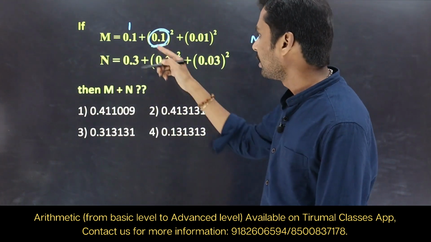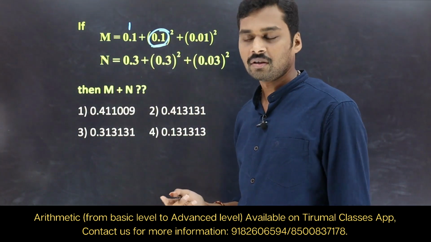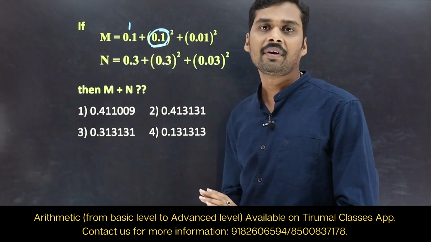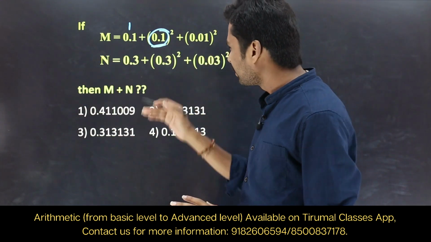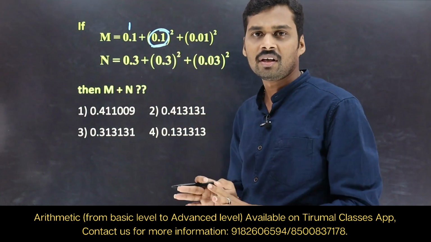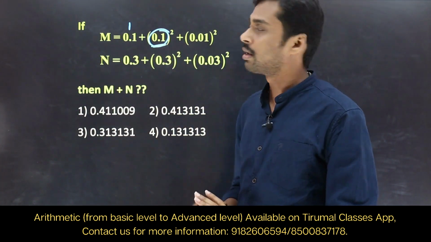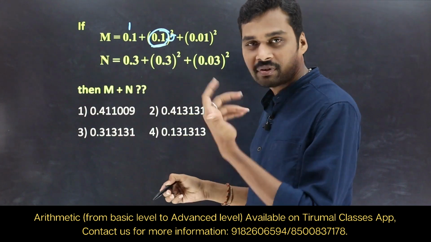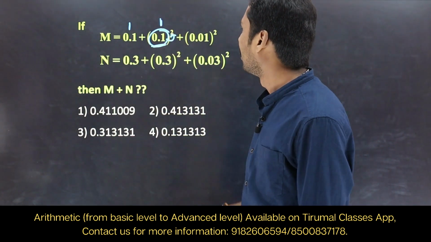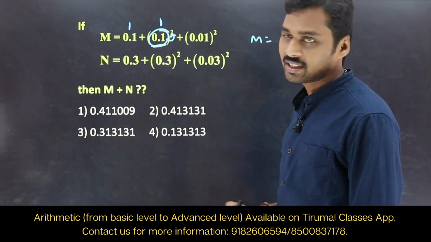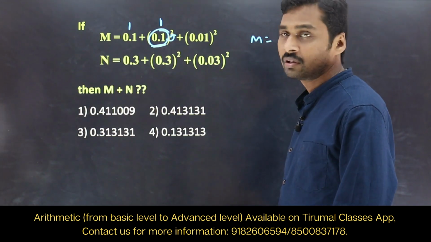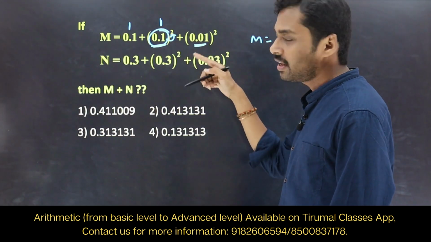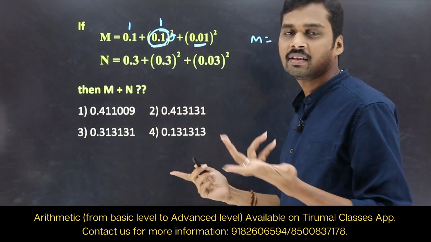We don't need to consider the decimal point separately. Now 1 square is equal to 1. Now look at the next one, 0.01 whole square. What is the DS? Again 0, 0, 1. What is the DS value?